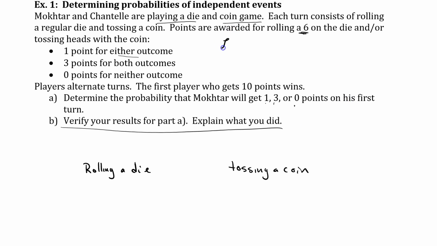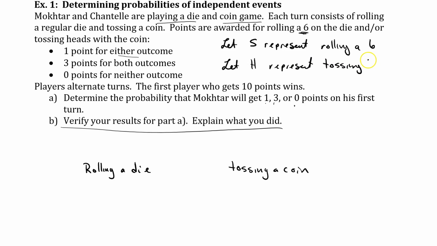Let S represent rolling a 6, and let H represent tossing heads. If we say S prime, that means I roll a 1, 2, 3, 4, or 5.